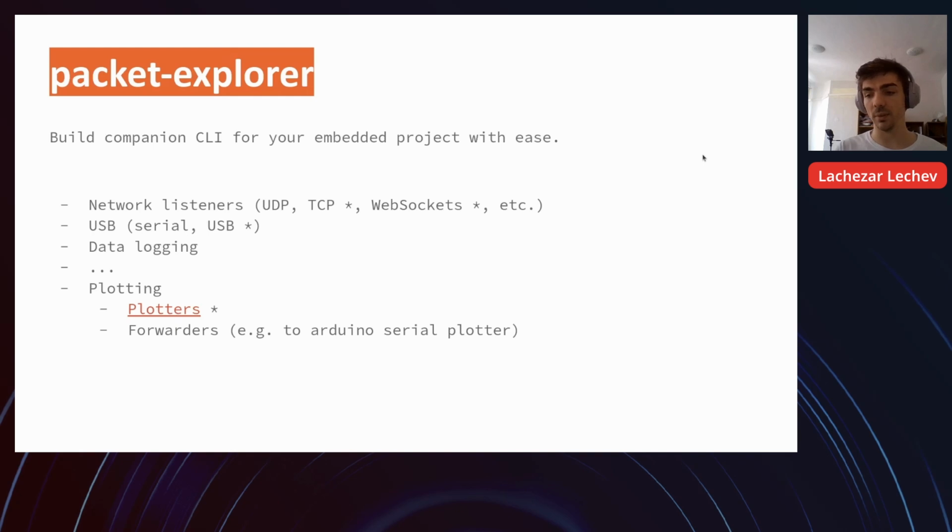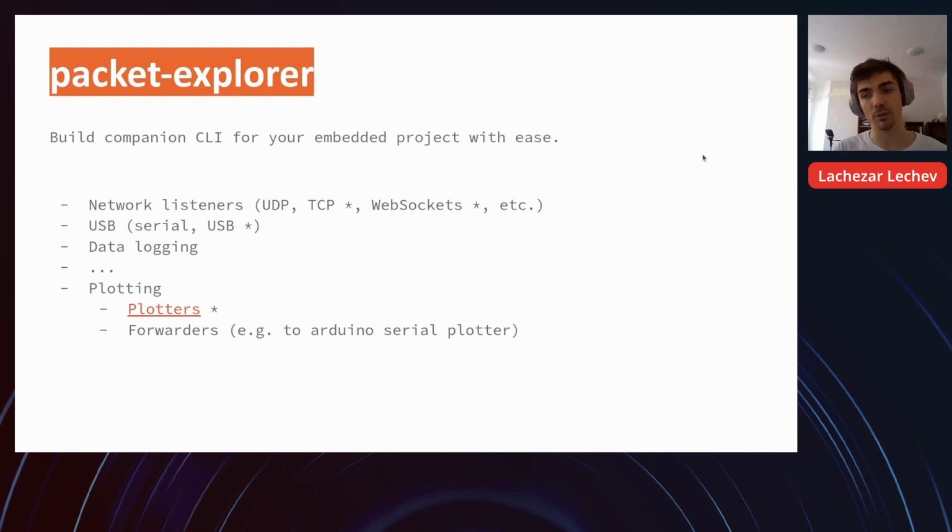At least my understanding, when you start working on a project and you get some data, you want to debug it, or you just want to log the data somehow out of the embedded platform, you want to build some kind of a CLI.